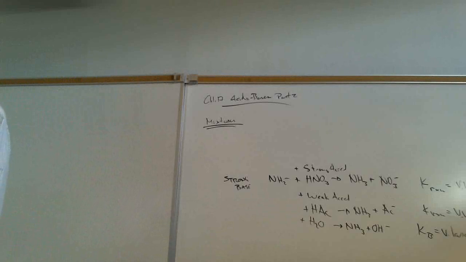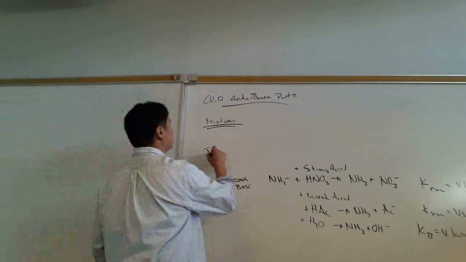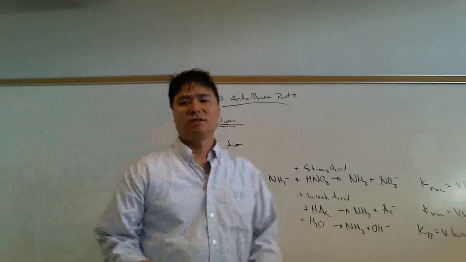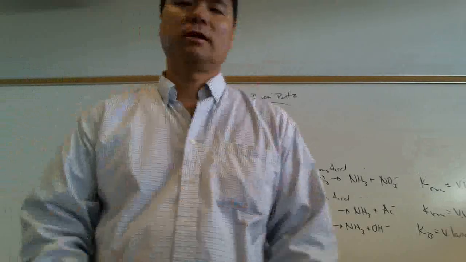So these acid-base reactions just go to completion. We have this acid-base neutralization, and we figure out what's left over. These are called titration reactions. Now we'll stop here. We're going to continue looking at these.